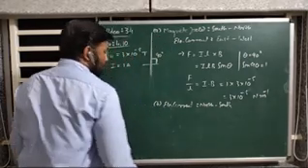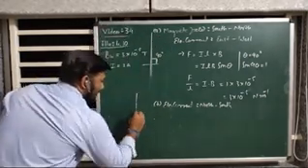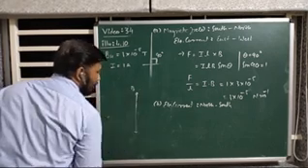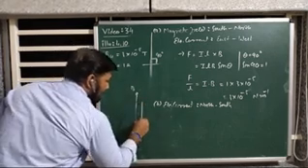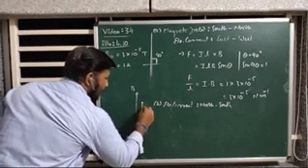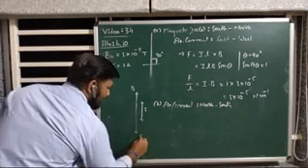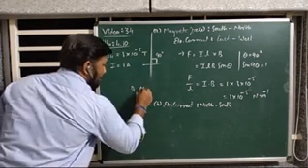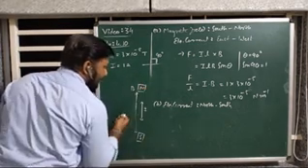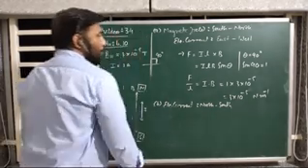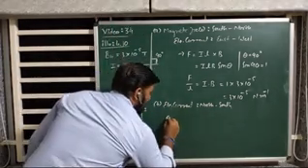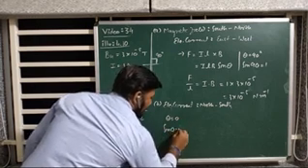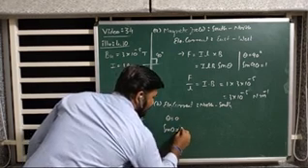So the magnetic field is also north to south, and the electric current is also from north to south. So it is the south direction and the north direction. Obviously there is no angle here. No angle means theta is equal to 0, and you know that sine 0 is 0.